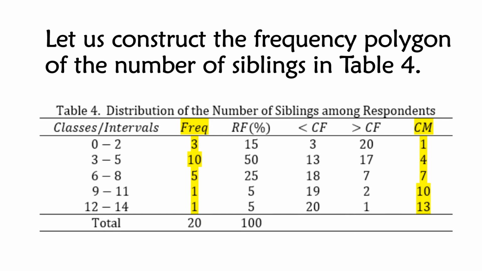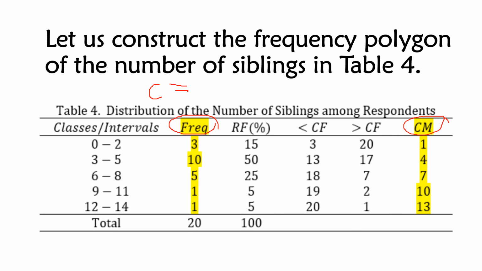Let us construct the frequency polygon of the number of siblings in Table 4. So, we will be needing the class marks and the frequencies. Take note also that when we are constructing the frequency polygon, we will be needing the value of C. What is the value of C in this FDT?